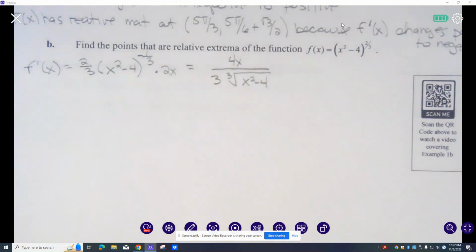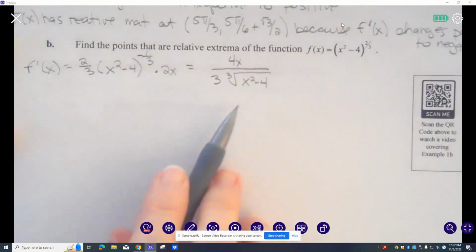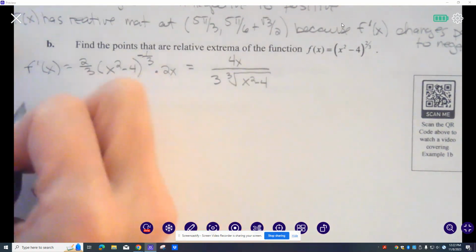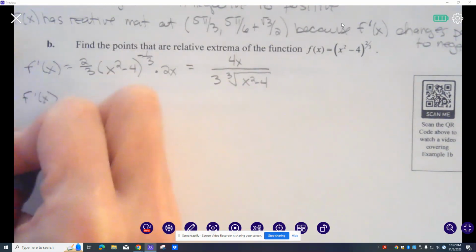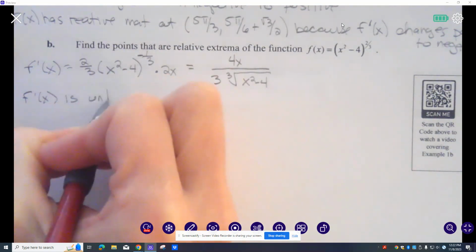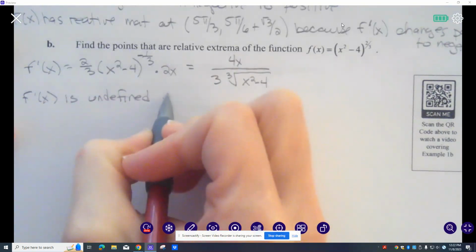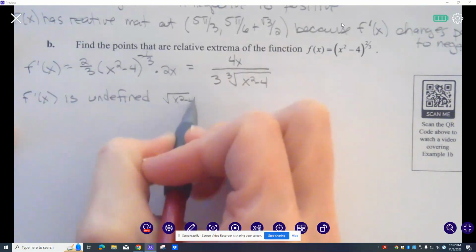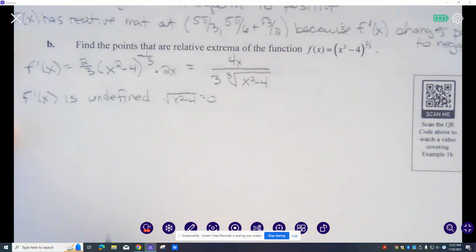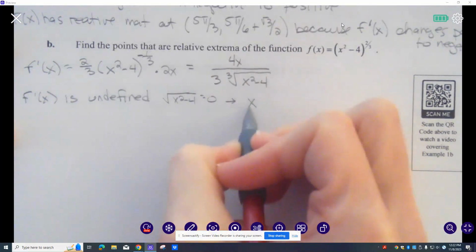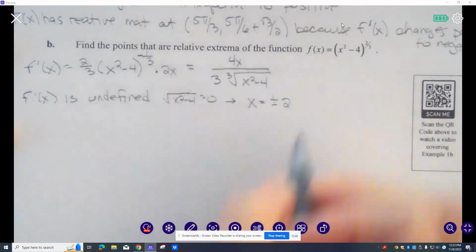So that's f prime. So remember, critical points are where derivative is 0 or derivative is undefined. This will be undefined. So f prime of x is undefined when the denominator is 0, right? When x squared minus 4 is 0, because we can't have 0 in the denominator, or when x equals plus or minus 2.